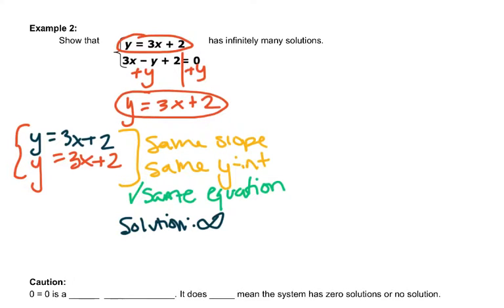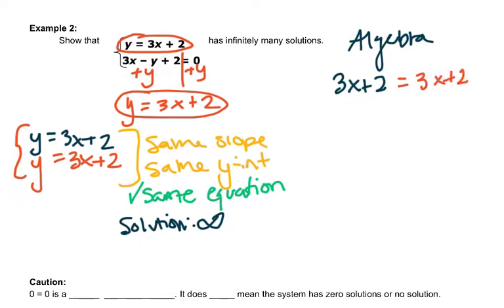Alright, or we can go through it algebraically, so maybe we are just going through the steps and we didn't quite see that they're the exact same thing. We can go through our algebra and say, okay, 3x plus 2 is trying to equal 3x plus 2. And so we're going to maybe move our x's together. So I have a positive 3x, and so I'll move my 3x over.